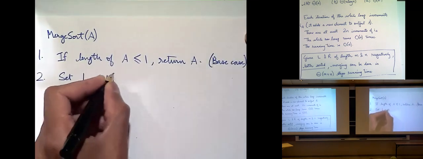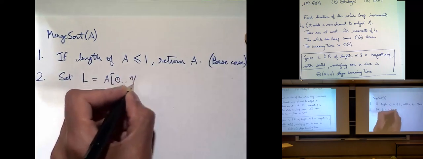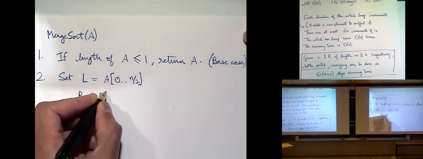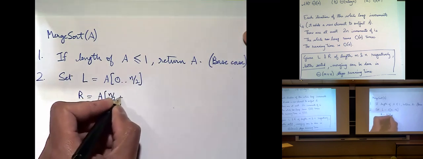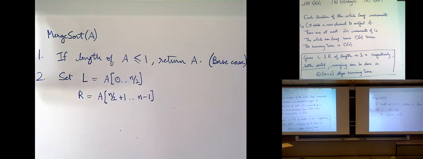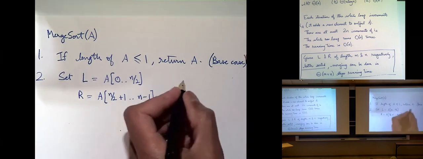So you set the array L to be A from 0 going to n over 2, and R being n over 2 plus 1 going up to n minus 1. Again, you can take floors or ceilings or whatever, but just be consistent. So this gives you the left half and the right half.